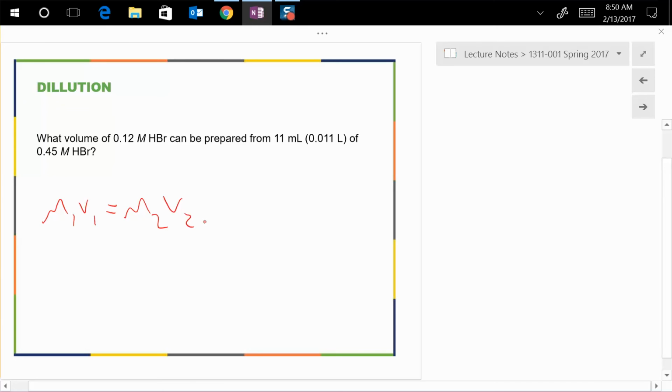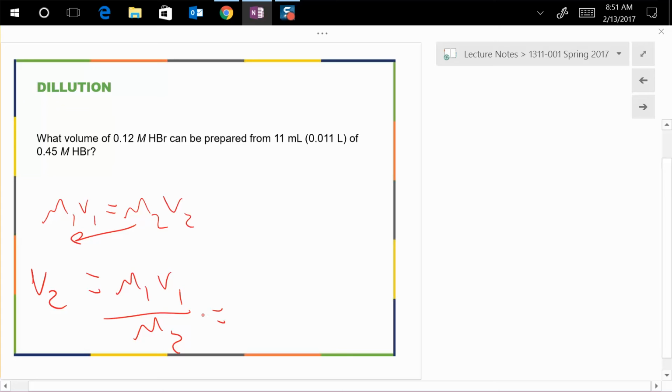Okay, what am I solving for? Yes, volume 2, right? V2. I want to find the volume that can be prepared. So V2 equals M1 V1 divided by M2, right? Bring M2 down here, and you get V2 all by itself.